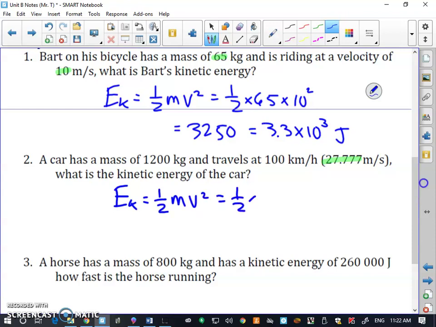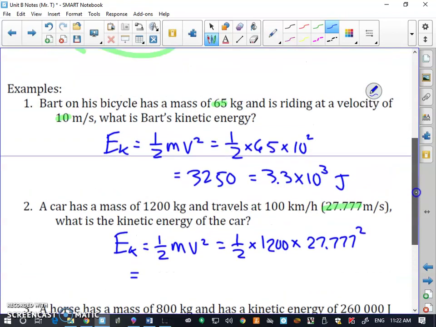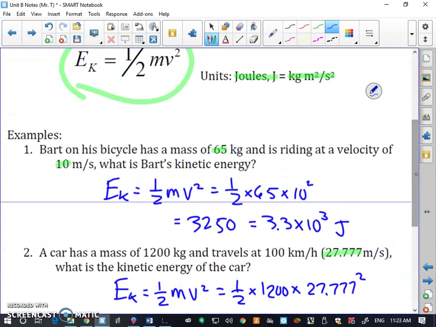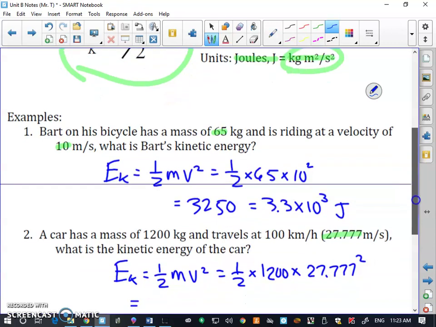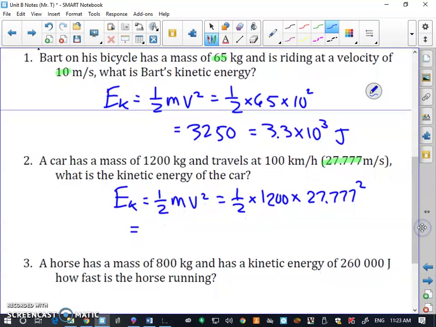So 1/2 times 1,200 times 27.777 squared. You have to use, because of the units up here are in kilogram meter squared per second squared, I want to make sure that my velocity, or speed, is expressed in meters per second, okay?